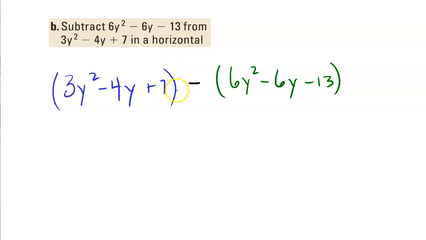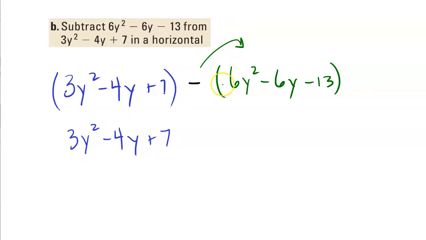And the way that I would go about this, or this is just one of the ways you could do it, is just to distribute this negative to the second set of parentheses here. So we can treat this really algebraic, and we could say, okay, let's just rewrite this problem, and I'm going to have 3y squared minus 4y plus 7.